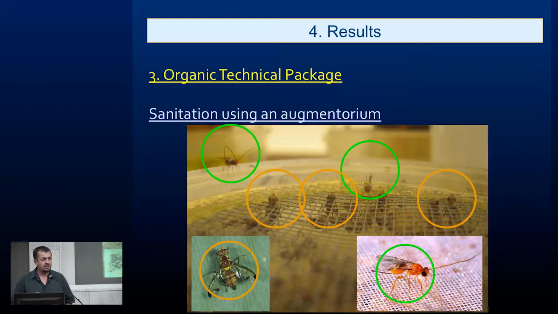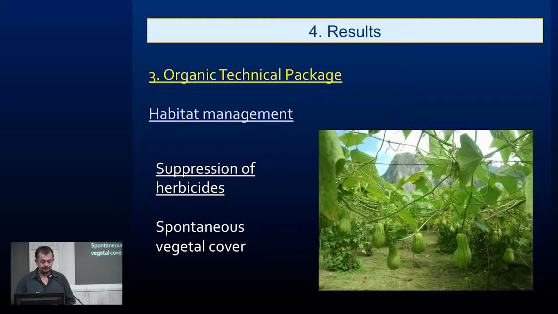So the mesh of the net of the augmentorium is very important, both to avoid the escape of fruit flies and to permit the escape of the parasitoids. So we can say that it's also a tool of biological control.